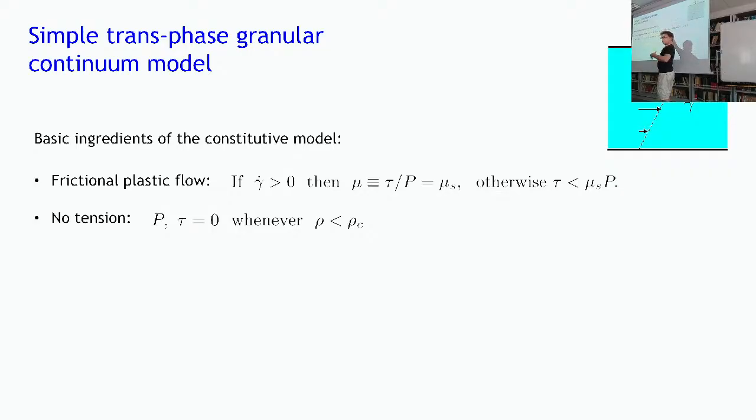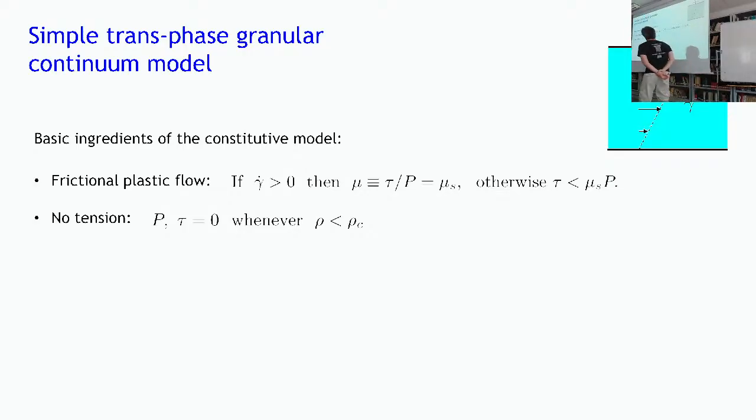Now, of course, more developed models will say it's not quite a constant. It could depend on rate. There could be size effects. There could be history effects. But for simplicity, let's just say there's a single internal friction called mu s. And if tau is less than mu s times p, I say no flow. Okay, so that becomes my frictional yield criterion. So if I'm squeezing hard enough, I have to shear hard enough to get it to flow.